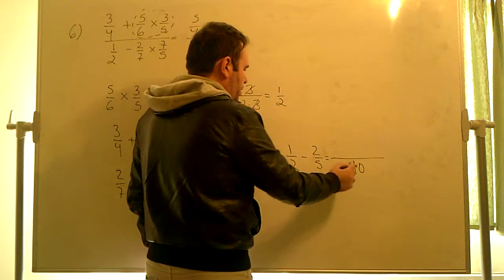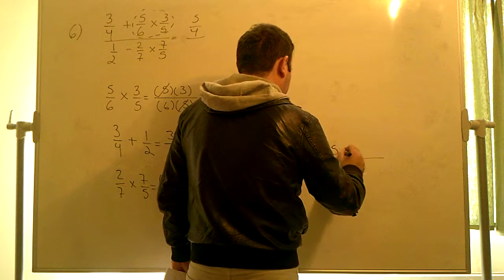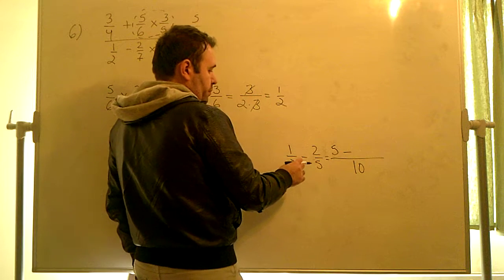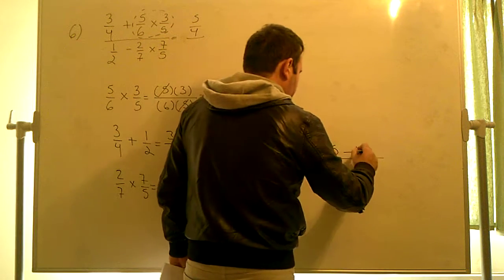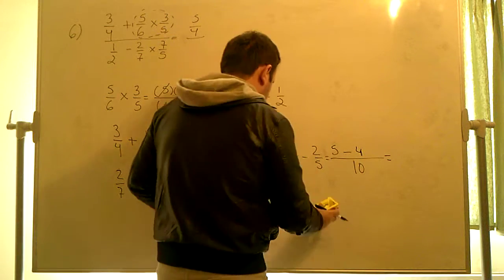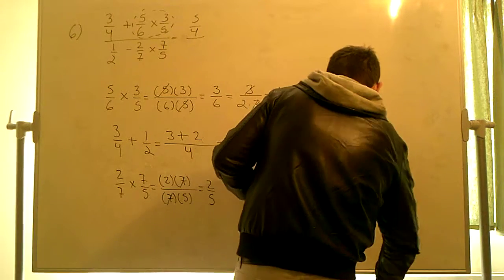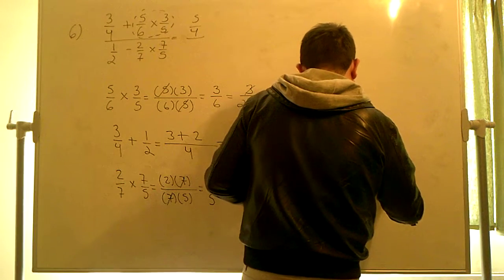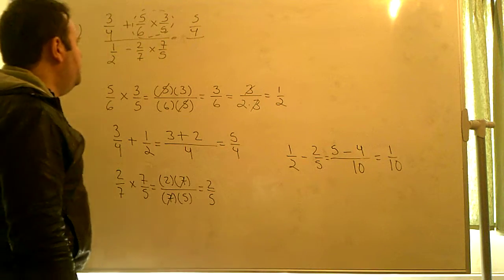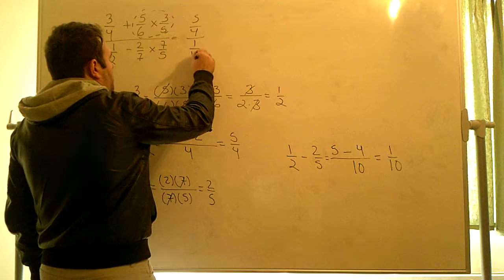And then we would have 10 divided by 2 is 5, times 1 is 5, minus 10 divided by 5 is 2, times 2 is 4. So this would be 1/10. So we need to write down 1/10.